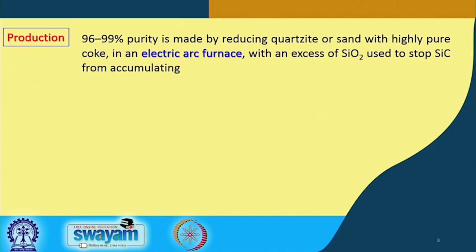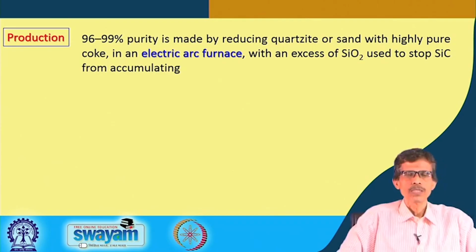90+%, that means from 96 to 99% purity, can be obtained by reducing quartzite or sand.